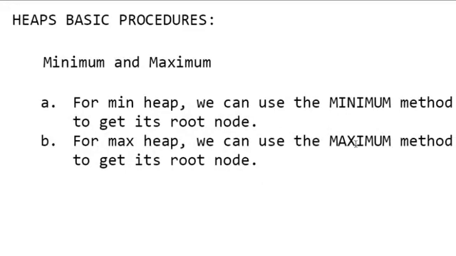You remember the minimum method we got from the binary trees. For min-heap, the root node is the smallest value out of all the nodes. So we can use the minimum method, which will return the smallest value, which is the root node.